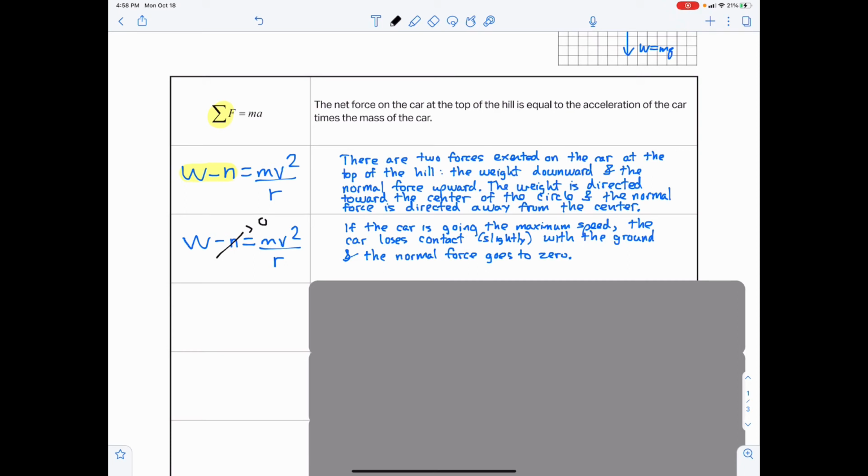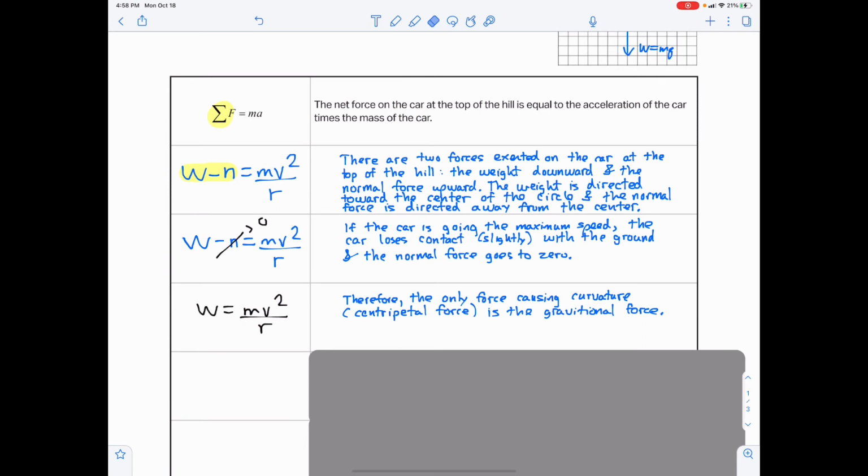So we are left with weight equals mv squared over r, as weight, the gravitational force, is the only contributor to the centripetal force curvature.